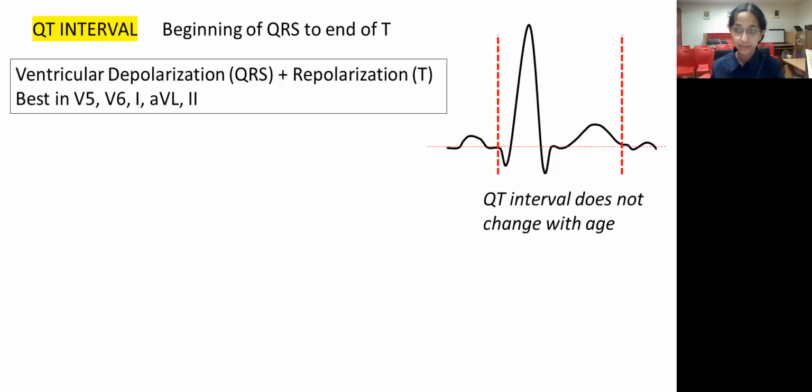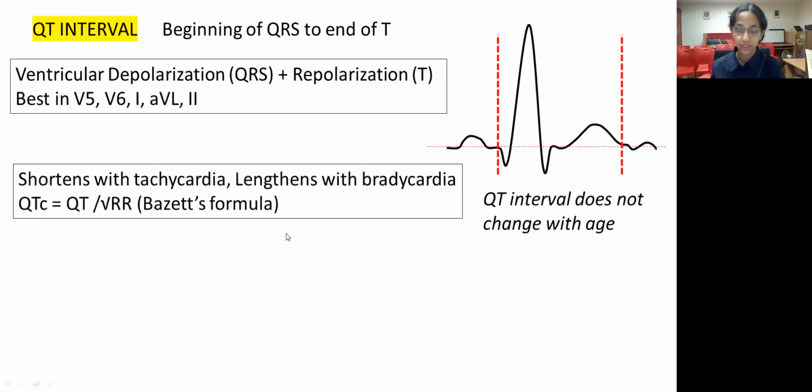Now in contrast to the PR interval, the QT interval does not change with age, but it changes with the heart rate. How does it change with the heart rate? It shortens with tachycardia. Shortens with tachycardia means if the RR interval reduces, the QT interval reduces. It lengthens with bradycardia. If the RR interval increases, then the QT interval also increases.